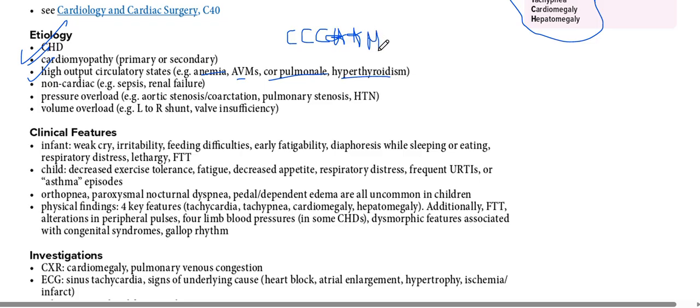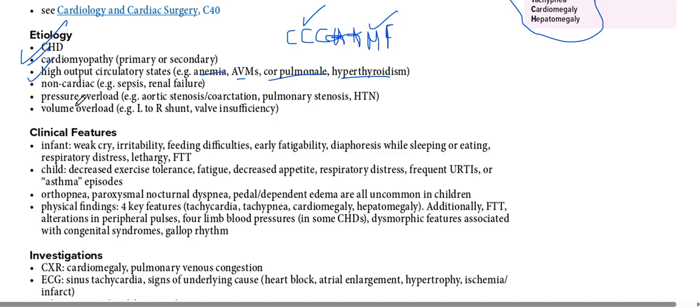Non-cardiac causes are sepsis and renal failure. So one cause is renal failure, so F. Look, congestive heart failure causes: CAHF. Then sepsis and renal failure.